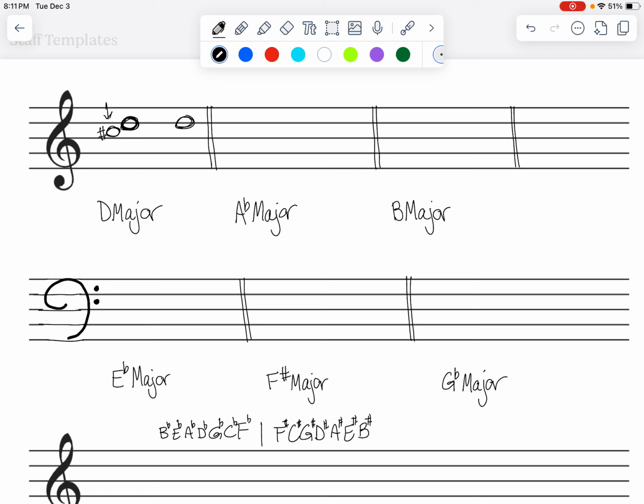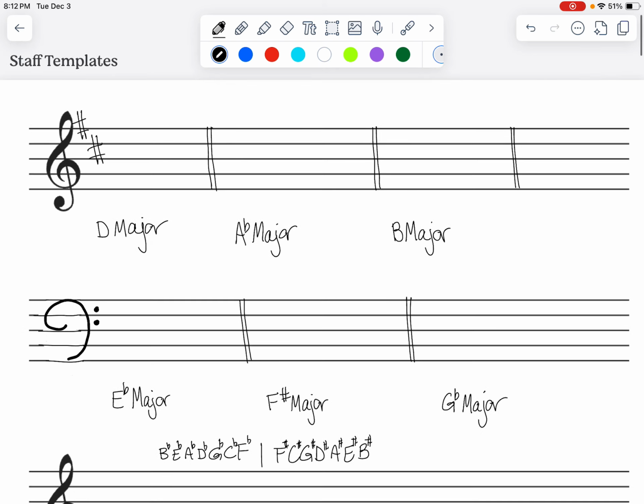So when we go down a half step from do, we're finding the last sharp, which means we can go to our order of sharps and say C sharp is our last sharp. So we need to add F sharp and C sharp to our key signature. F sharp, C sharp. And if we didn't have D major down here and I just asked you to identify it, that's exactly the step you'd take to identify it and say, oh yeah, that's D major. Great.